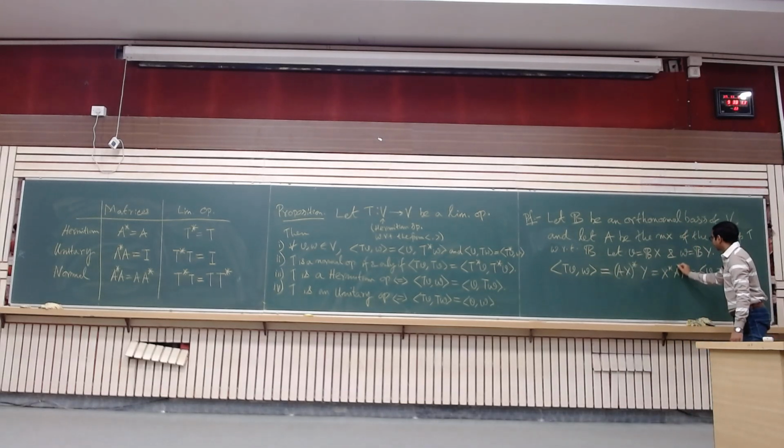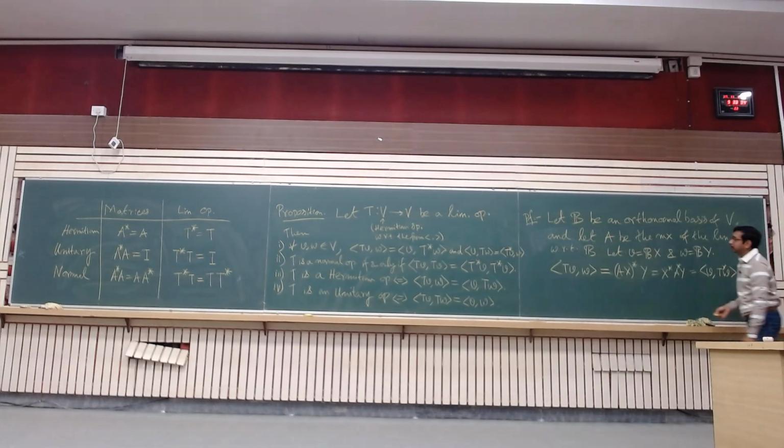Yes, and here this star then, right? Yeah, thank you. So x star A star y, but A star was the matrix representation of T star with respect to the same basis. So V T star W.